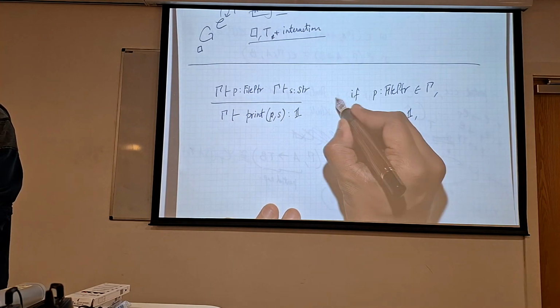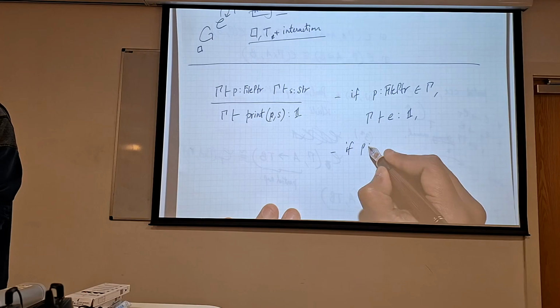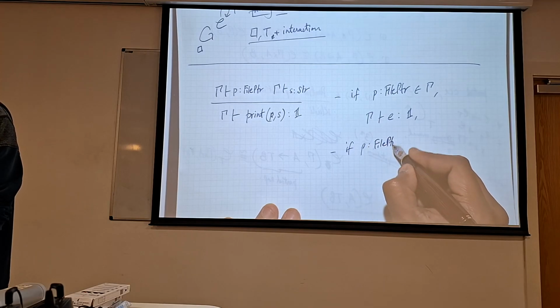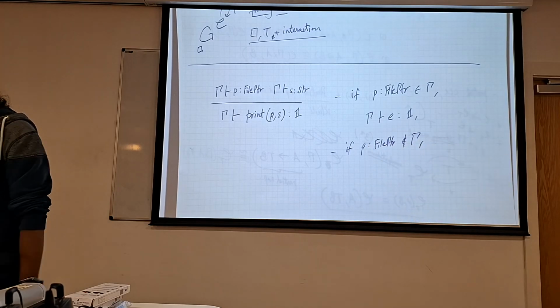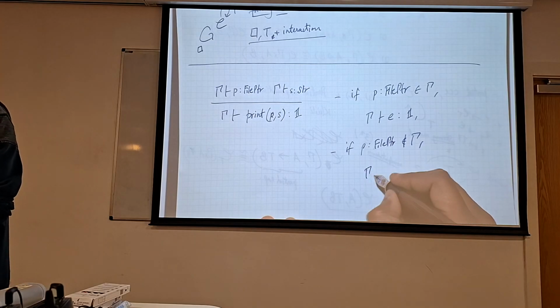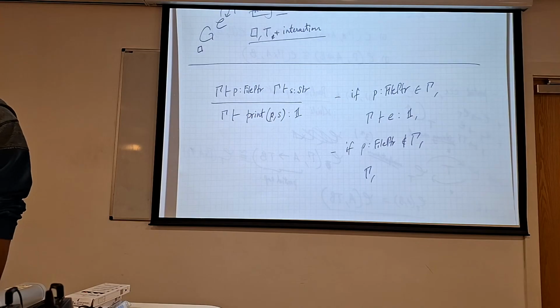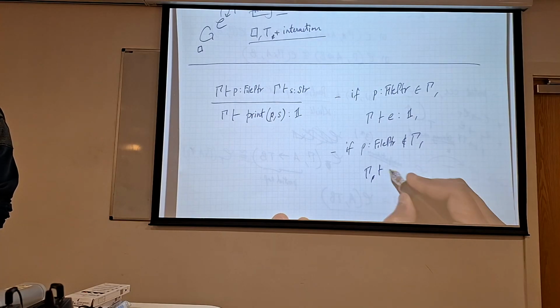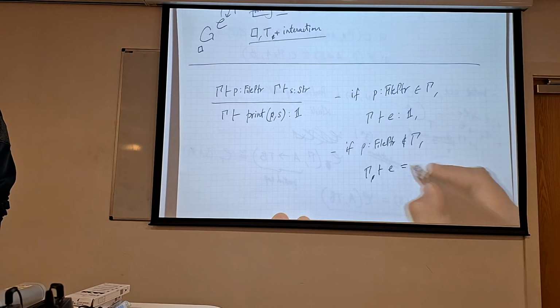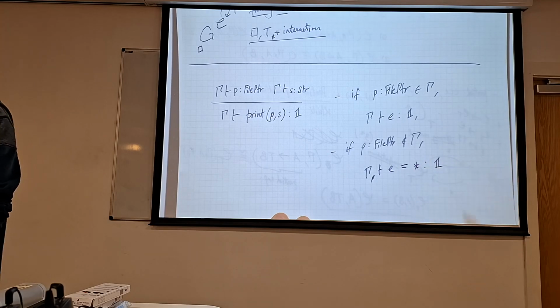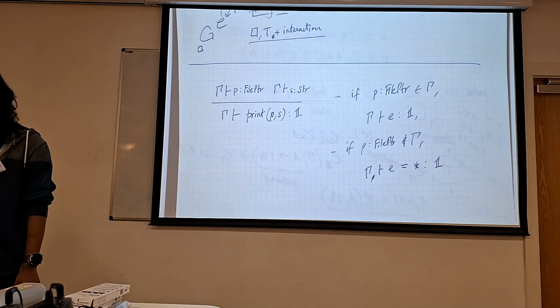If p colon file pointer was not in gamma, there's no way I can type print because I don't have a file pointer. So this should be star.